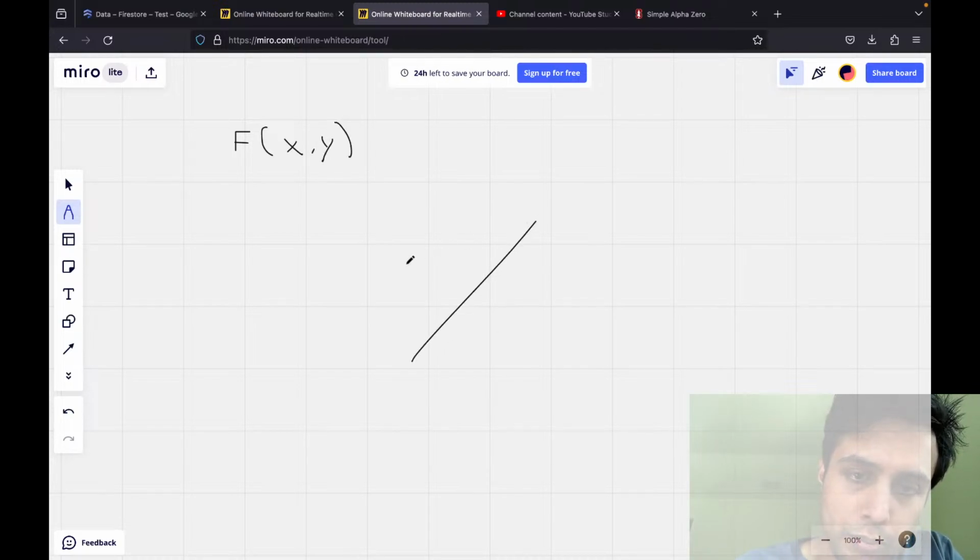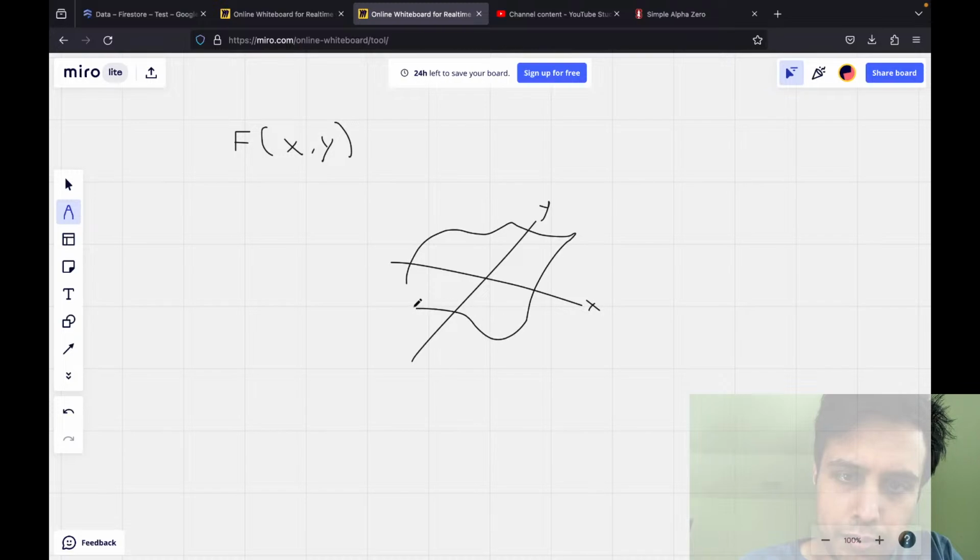So we have, say, an x and a y, and the function f is the surface which is above, which has some height to it.